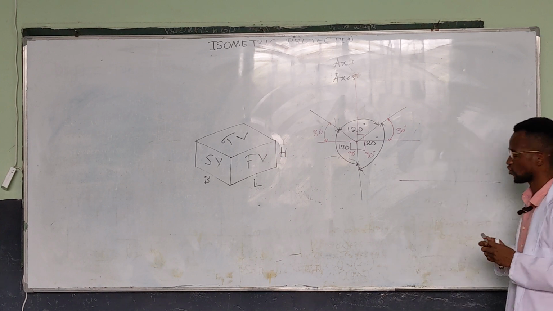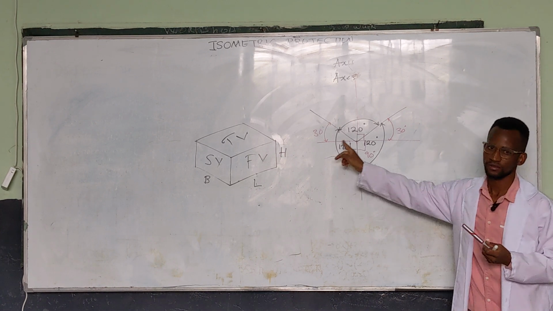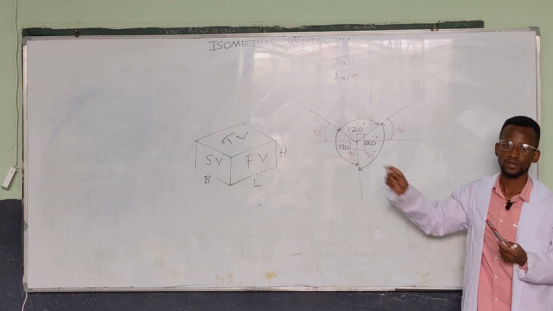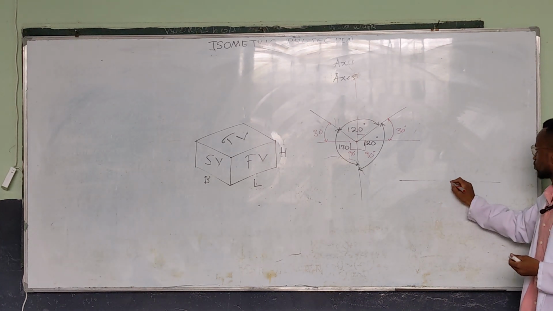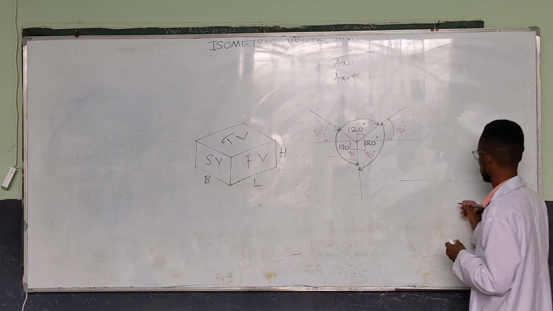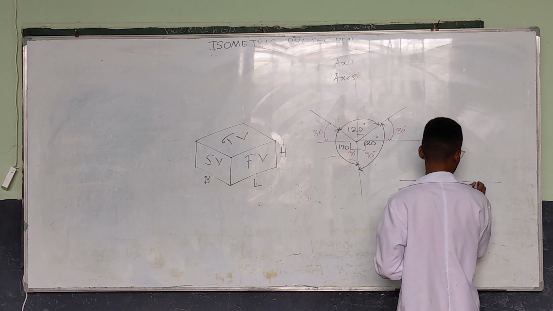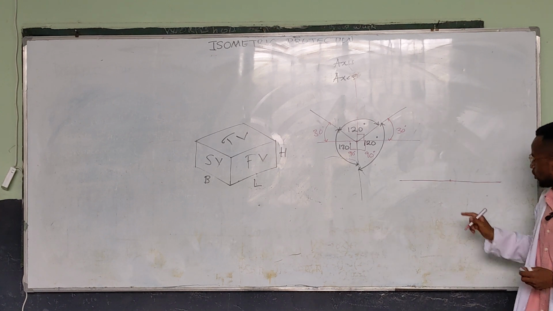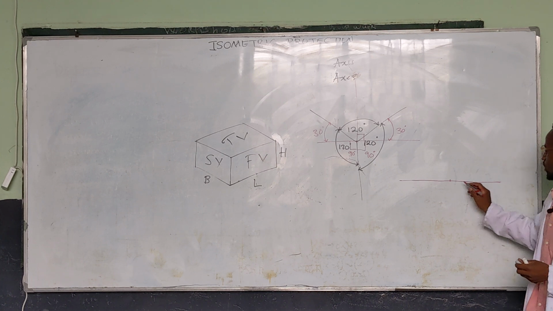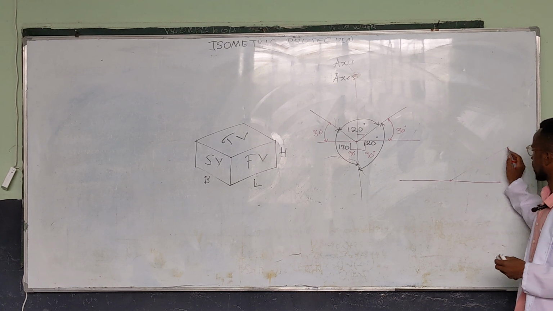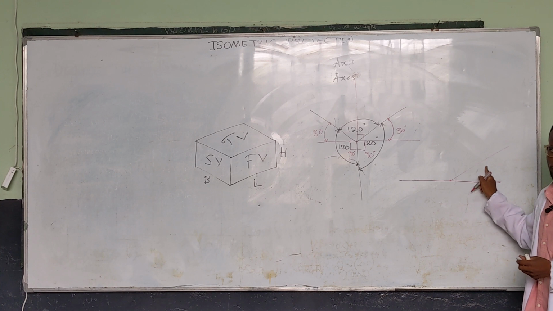You start with a horizontal line, which is this one, right? And then you pick a point on that horizontal line, and then you draw a line at what angle? 30, right?